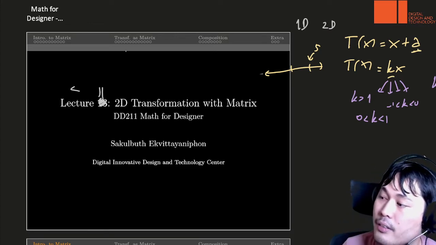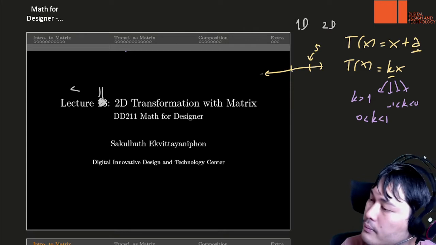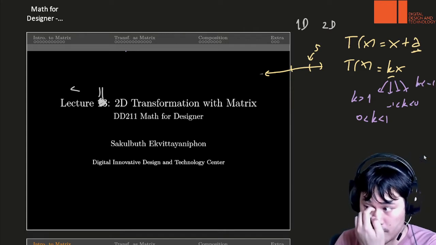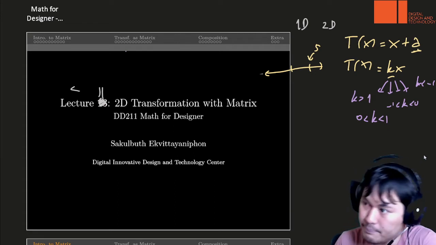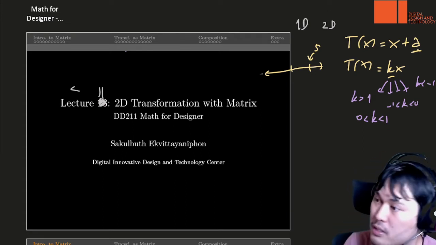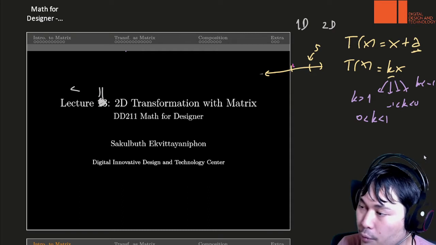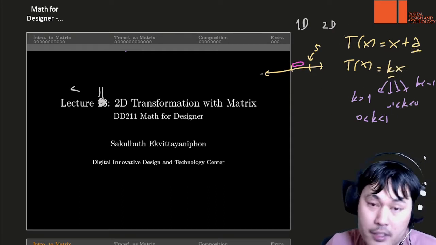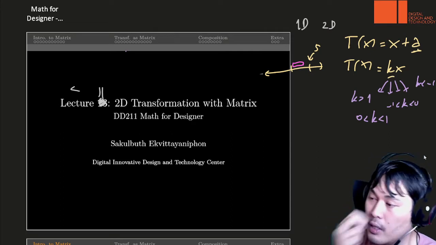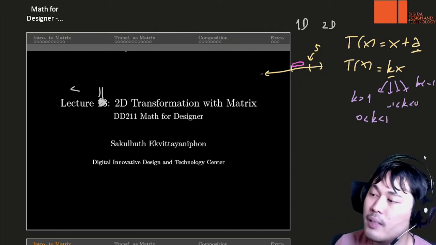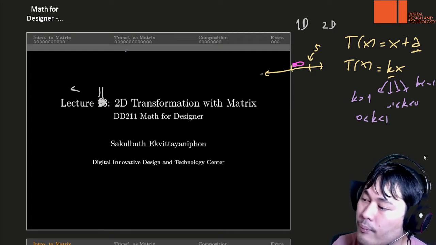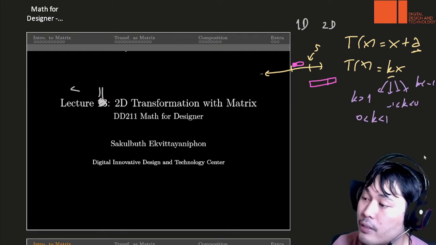There are several cases, and for each case we describe those transformations in different words. So that's one dimension. And then we have a line segment or an interval, right? After applying the function, computing where the new interval should be, maybe you start from here, and after the transformation you have this kind of interval instead.